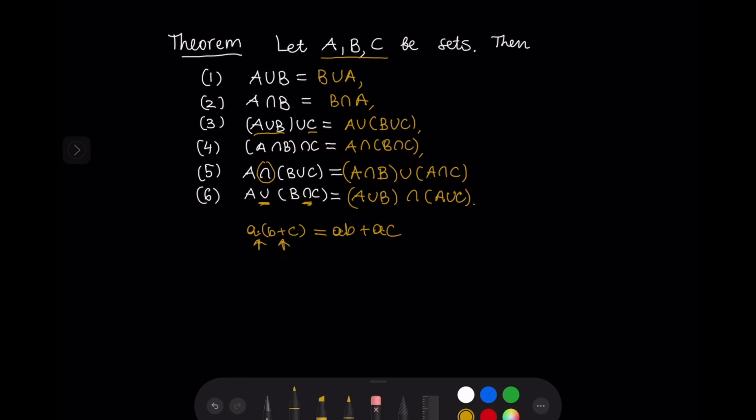All right, so these are some properties of sets. The proofs for the first four properties are really straightforward. They come from the definition. We are going to prove property 5.